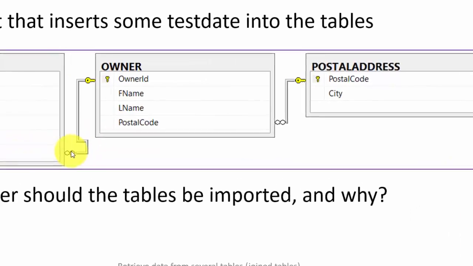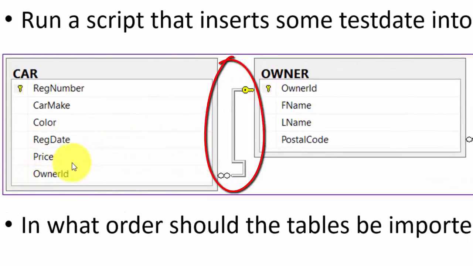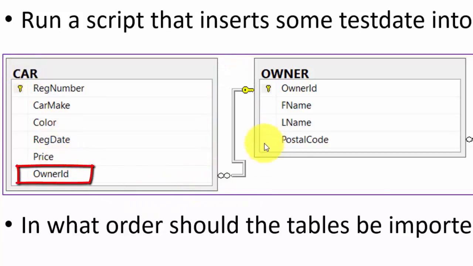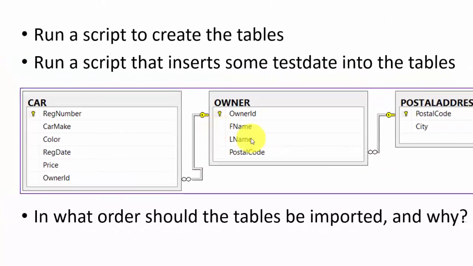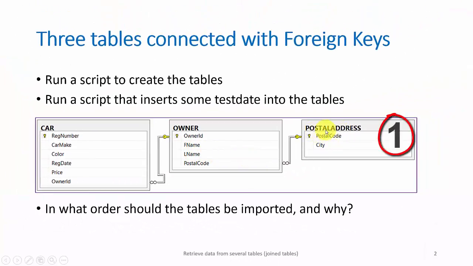And we have the same here, that if we try to register an owner with an owner ID in the table car, and this table owner doesn't exist, then we will also have an error. So that means that first we will have to create postal address, then we can create owner, and at last we can create car.